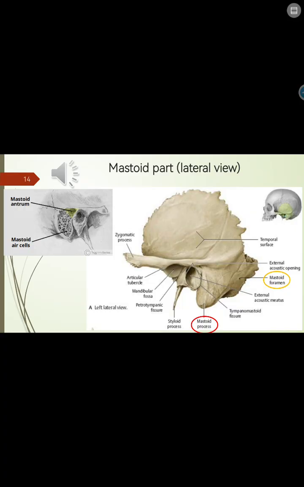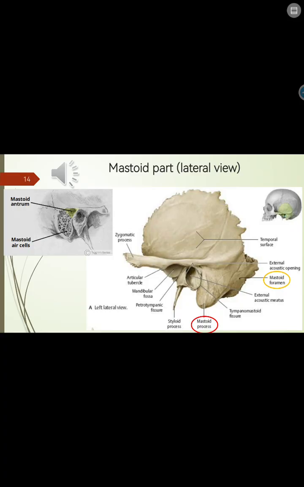We can see a projection here, a down projection, mastoid process with red circle that exists here, is a part of mastoid part that is a location of attachment of different muscles such as sternocleidomastoid. It is a very important muscle.